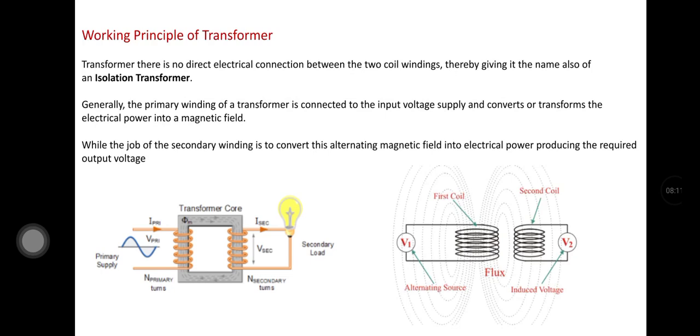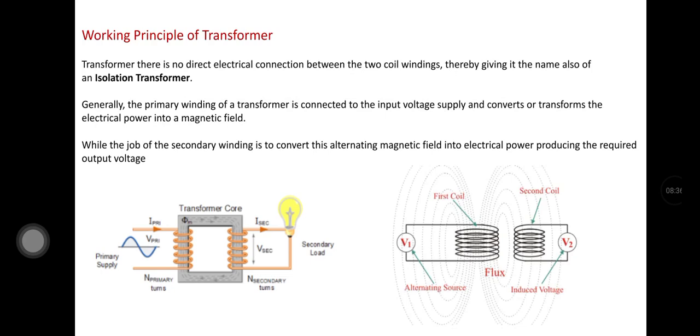Generally, the primary winding of the transformer is connected to the input voltage supply and converts the electrical power into a magnetic field, while the job of the secondary winding is to convert this alternating magnetic field into electrical power, producing the required output voltage.